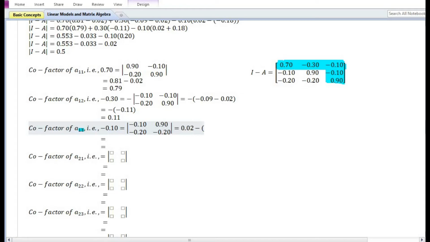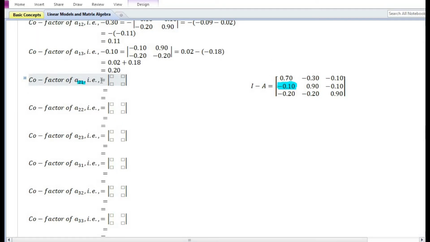Minus. Now minus times plus equals minus. 0.20 times 0.90 equals 0.18. 0.02, minus times minus equals plus 0.18. 0.02 plus 0.18 equals 0.20.